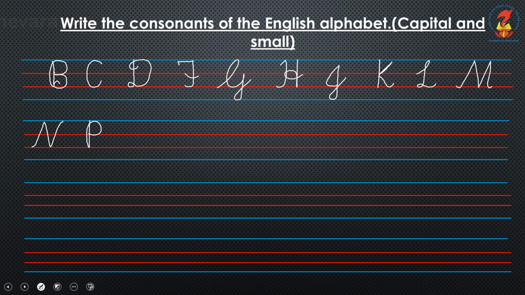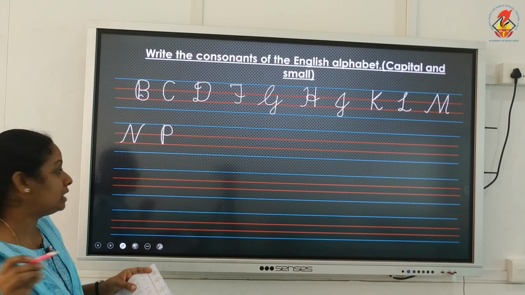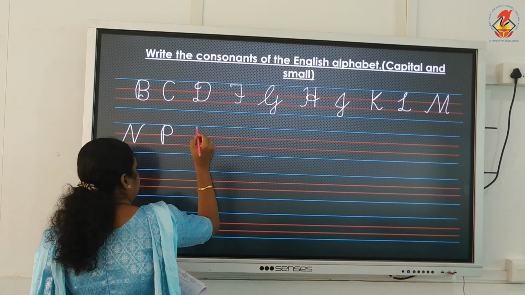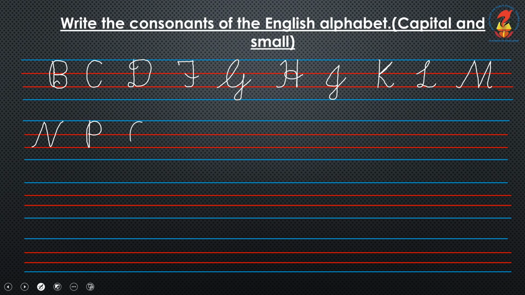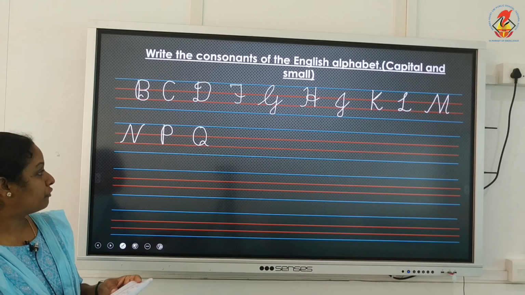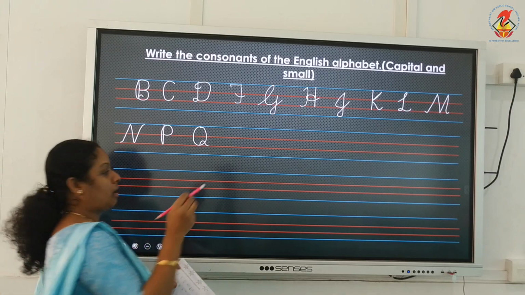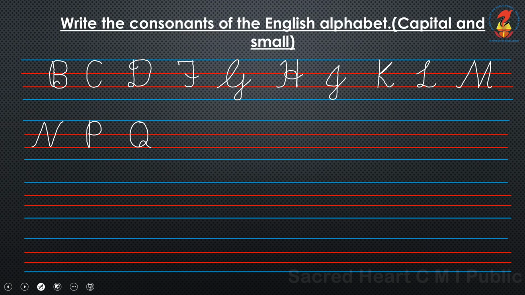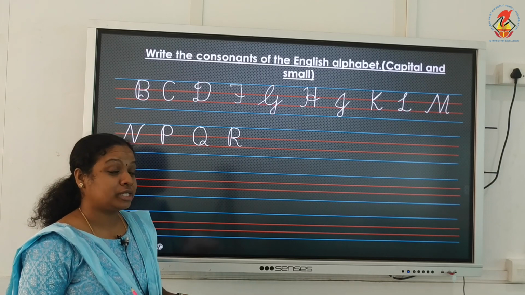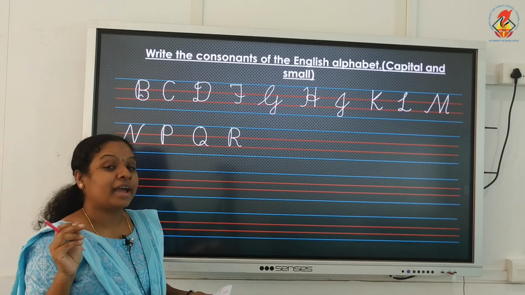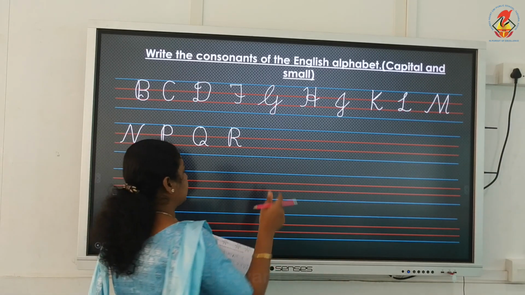P. So after P, it's Q. Q. So after Q, it's R. R. So after R, which letter children? You just say louder. S. Okay, you just write S.